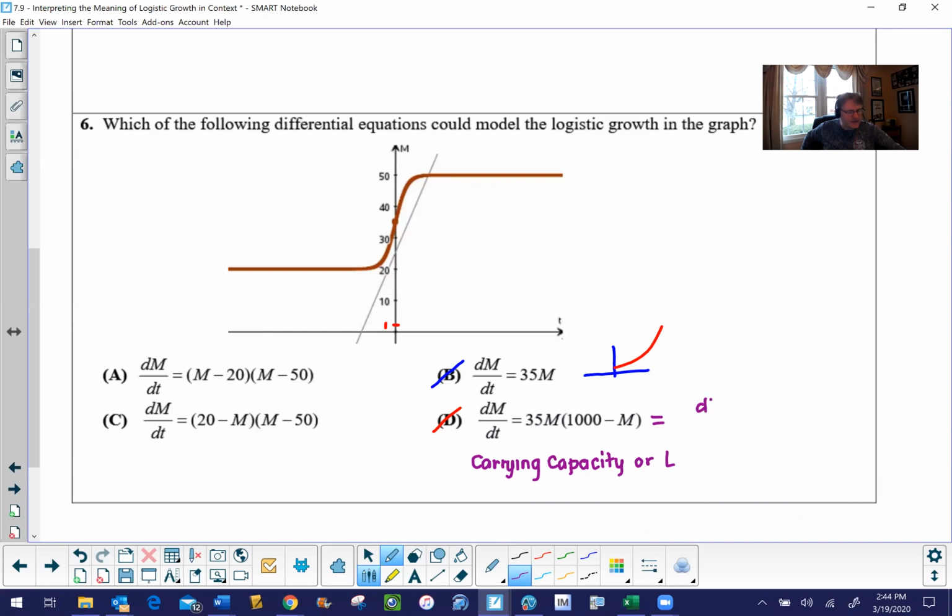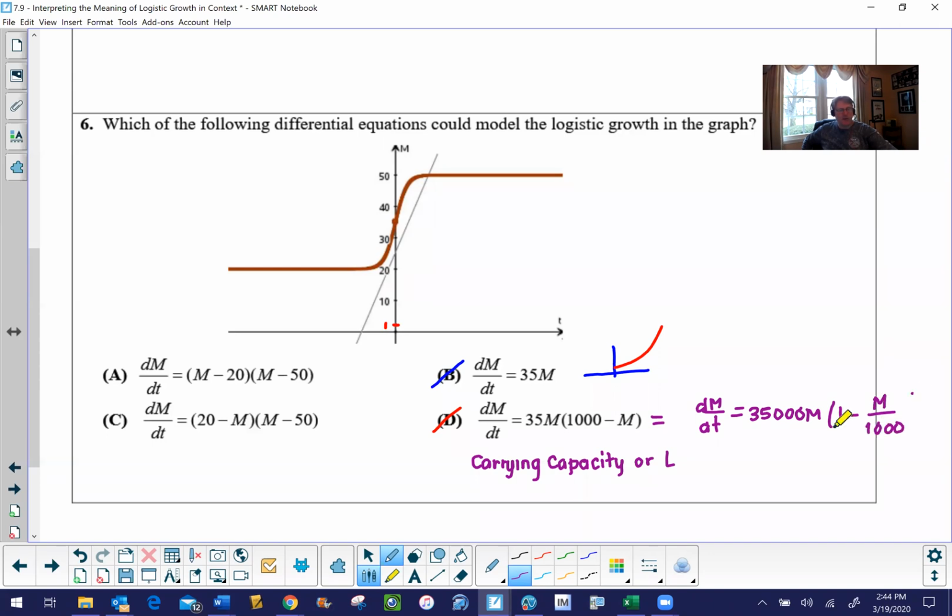So if we were to factor out a 1,000, 35 times 1,000 would be 35,000. Wow, that's a pretty massive K value. And then we would have 1 minus, and then what do you get when you factor 1,000 out of an M? Well, that would be M over 1,000, right?